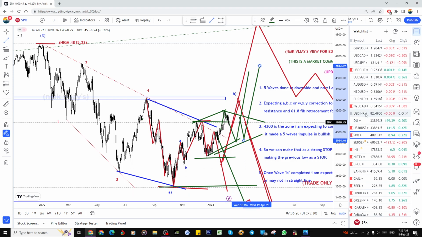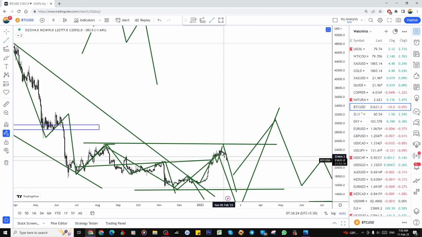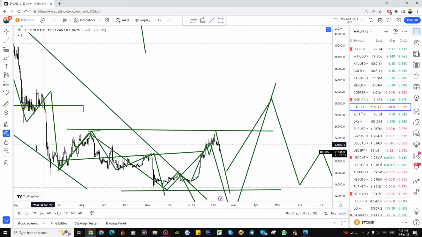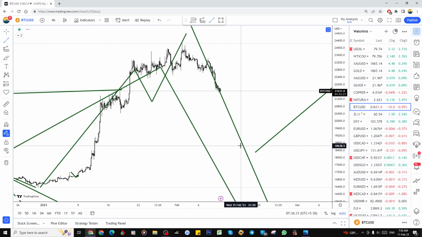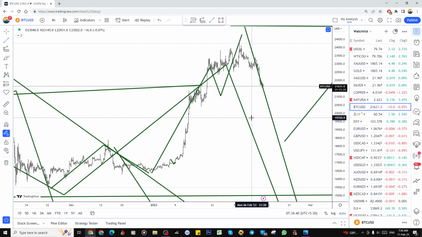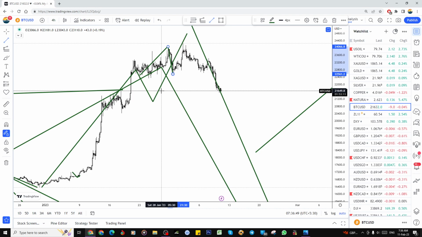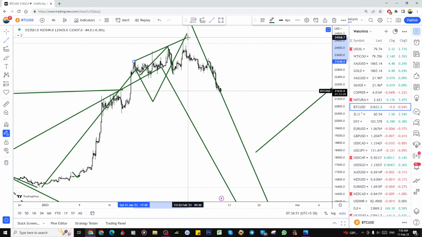Next is Bitcoin. Look at this. It's already pre-planned, right? What happened? Everybody will buy here, and it's now in the downtrend. Look at this, I was expecting this one, right? From here, what did it do? And this is the one.